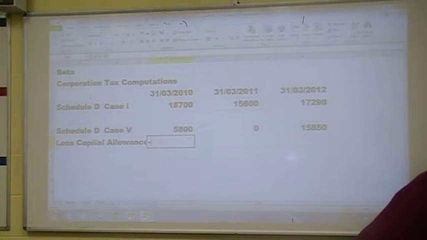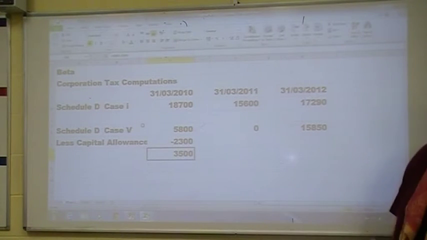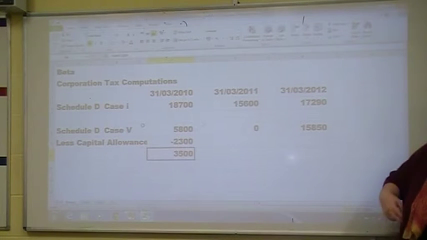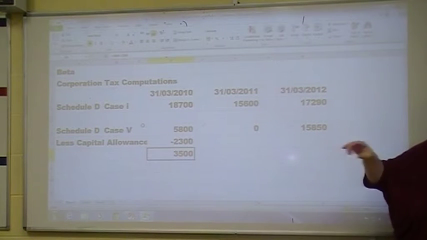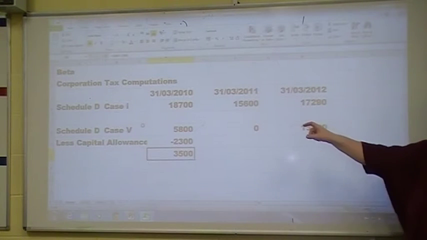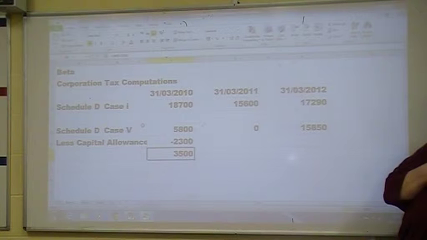So that is minus 2,300, which brings our rental income down to 3,500, because you allocate your case 5 capital allowances against your case 5 income first.